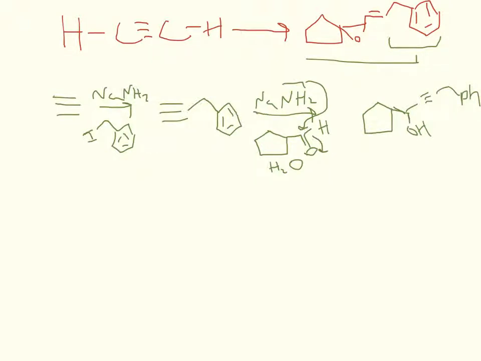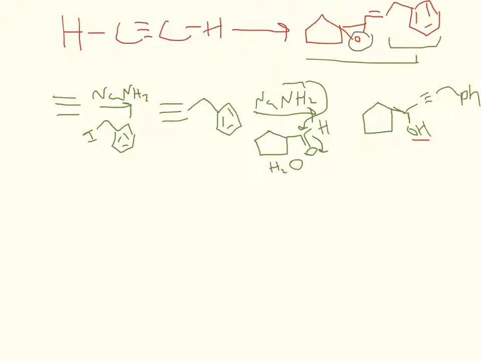Alright, so now we need to get rid of the alcohol to make a double bond, because if you can tell up here in the beginning molecule we have an epoxide, and so to make an epoxide we need to have a double bond, so we need an elimination reaction. So in order to do an elimination reaction we need to do an E1.